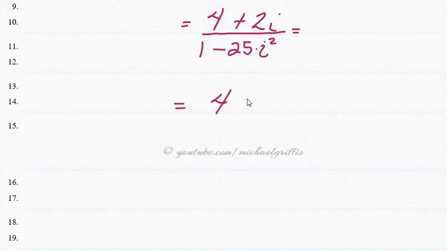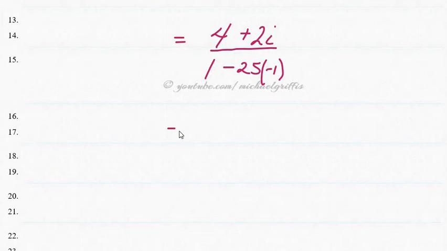So 4 plus 2i over 1 minus 25, and that is a negative 1. So i squared can get replaced with a negative 1. 4 plus 2i over, so we have a negative times a negative makes that positive. So this is going to be what, 1 plus 25 is 26.